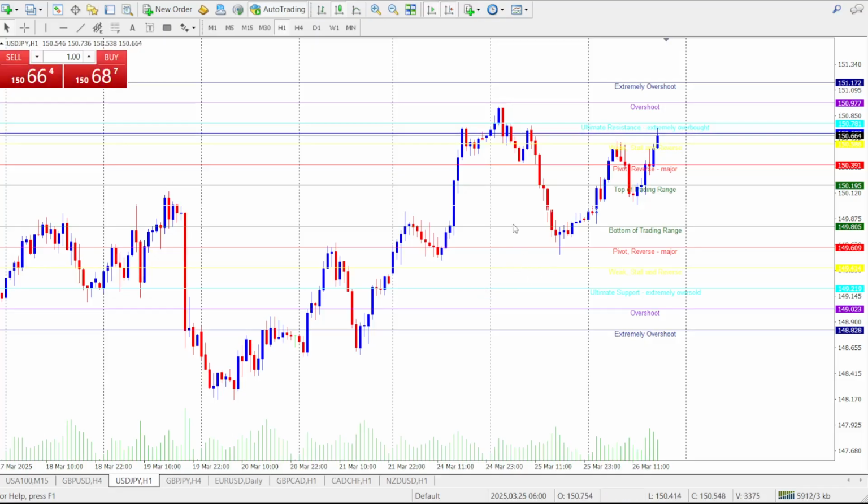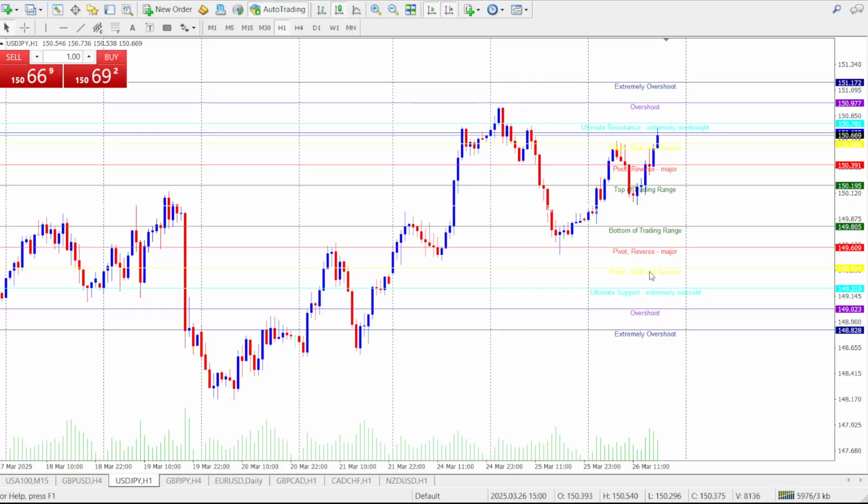Then we have the overshoot levels, where we might also have some reversals, which might not hold under strong momentum.